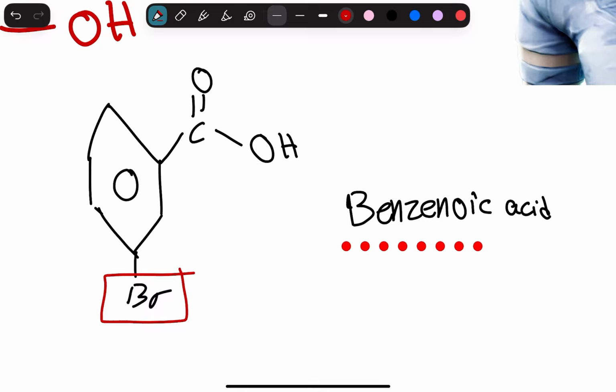So we number closest to the carboxyl group. So 1, 2, 3, meaning that our bromine group is going to be on the third carbon. So let's just write that down. We have it on the third, and since it's bromine, we use the bromo prefix. So this would be called a 3-bromobenzoic acid.